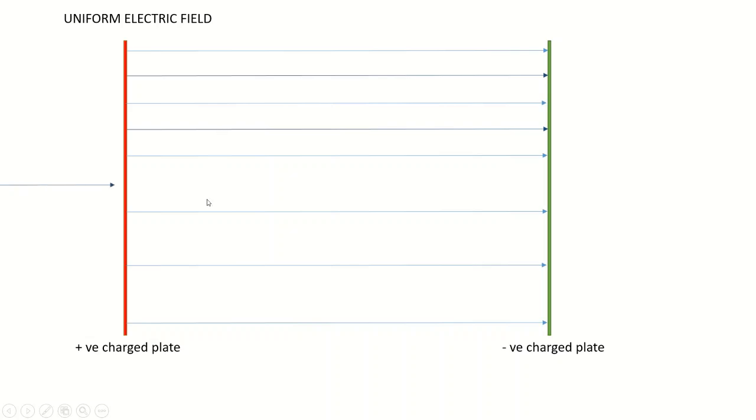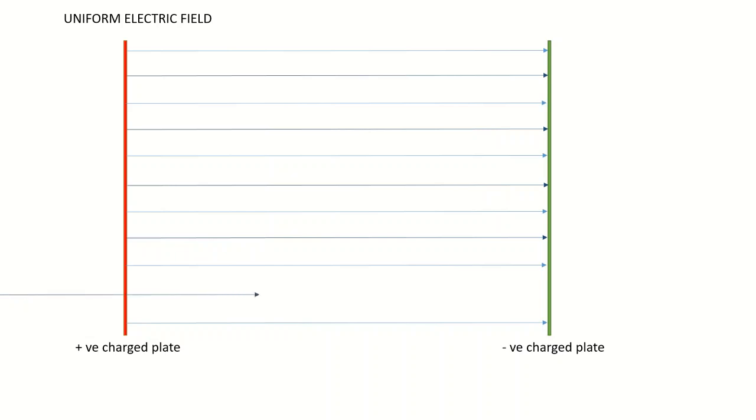As the number of lines of force increases, the strength of the electric field increases. One by one the count is increasing and the strength of the electric field is increasing.